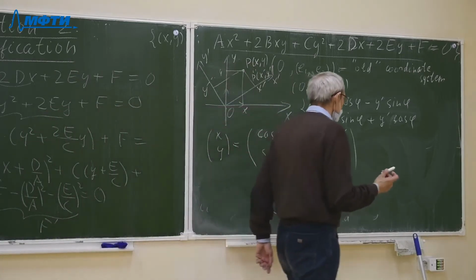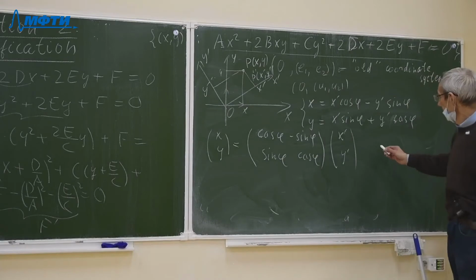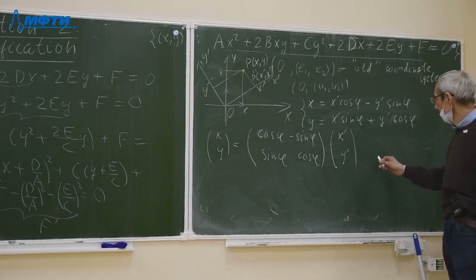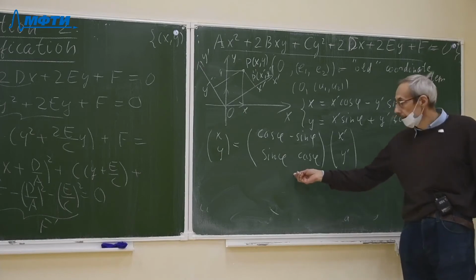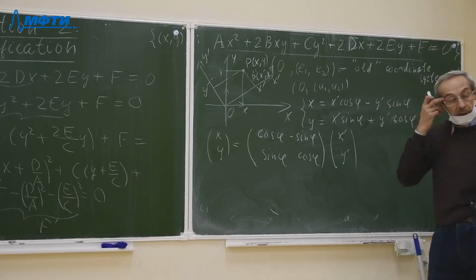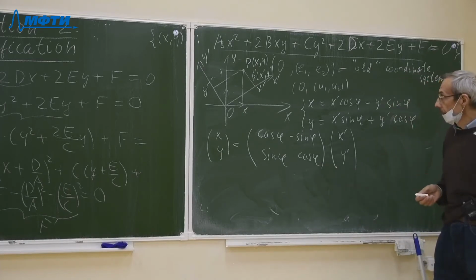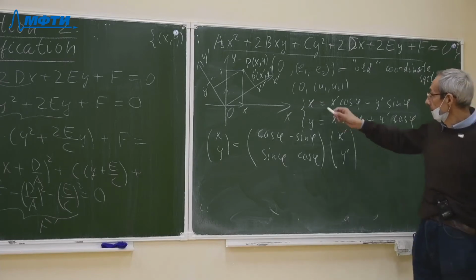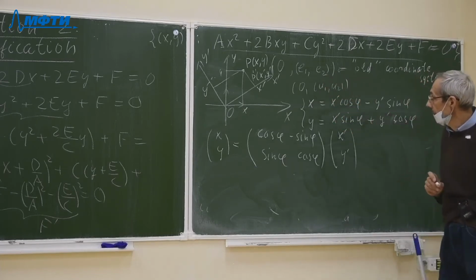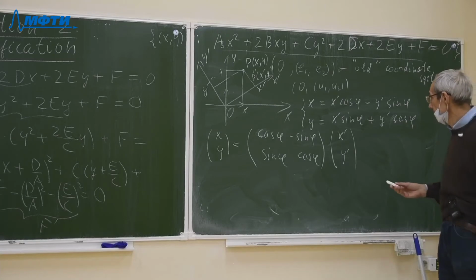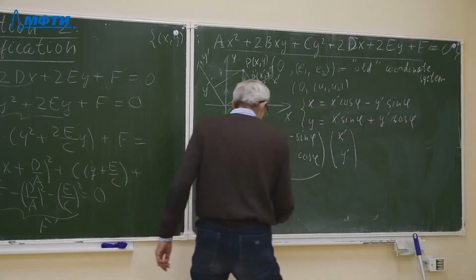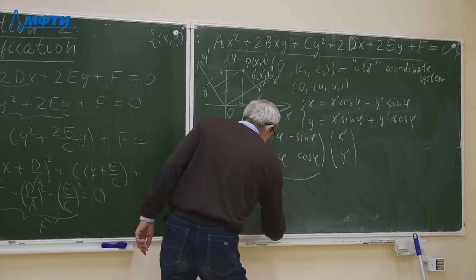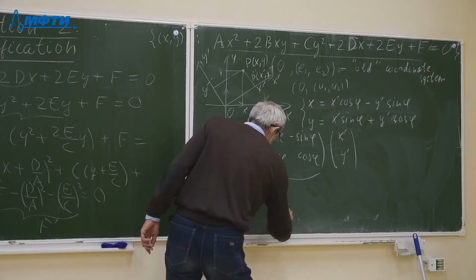And we use the following notation: this matrix is the transition matrix from the old base E to the new base U, and this matrix we denote by P, E, U.